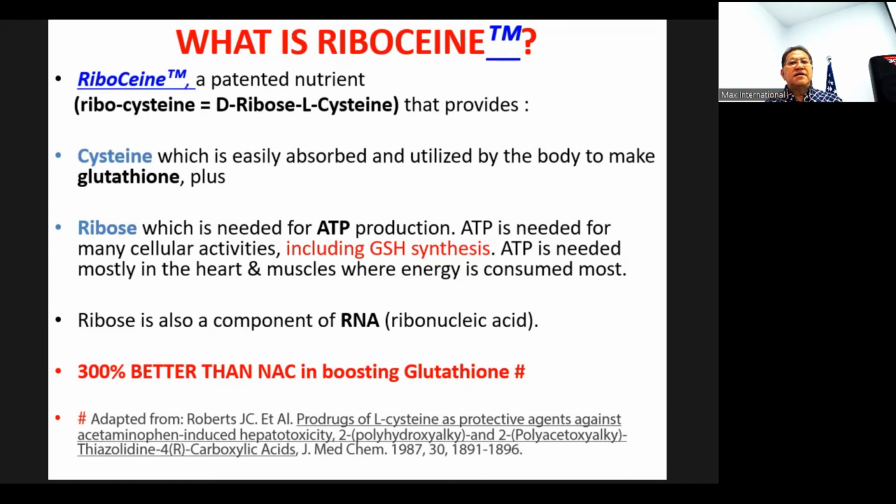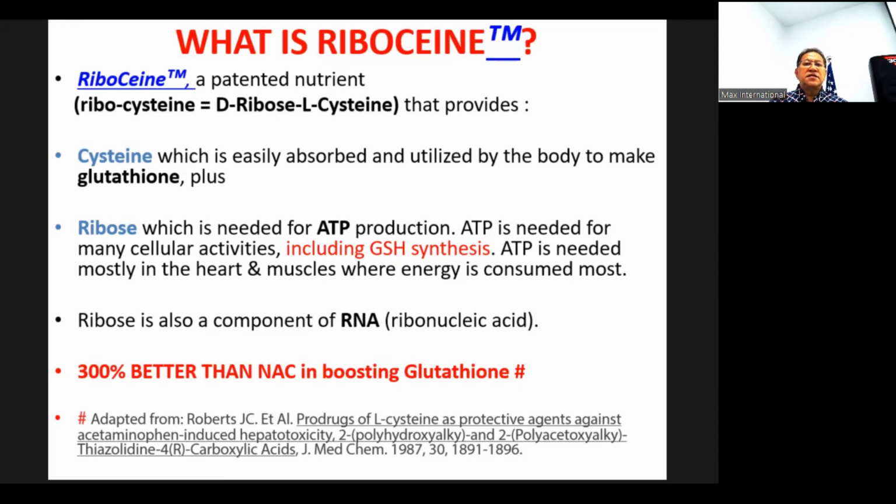And this molecule then provides cysteine in a stable form that can now withstand the stomach acid, and then get absorbed, and then can be utilized by our cells to make glutathione. Now, the brilliant thing about this molecule is that the component used to stabilize cysteine is a simple sugar called ribose.